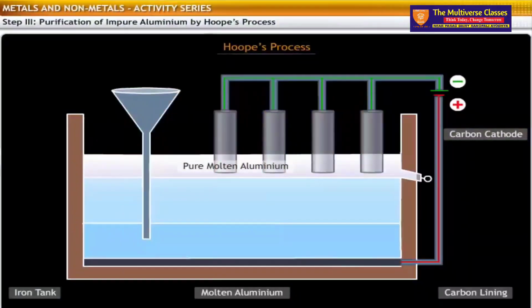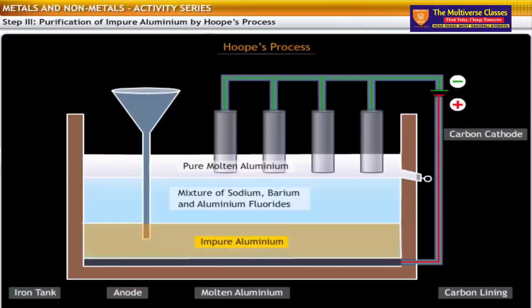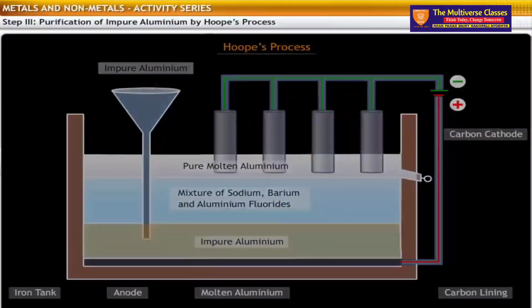The middle layer, or the electrolyte layer, consists of a molten mixture of sodium, barium and aluminium fluorides. The third layer is the bottom layer. Along with the carbon lining, it acts as the anode for the electrolytic cell. The bottom layer contains impure molten aluminium obtained from Hall and Heroult's process.